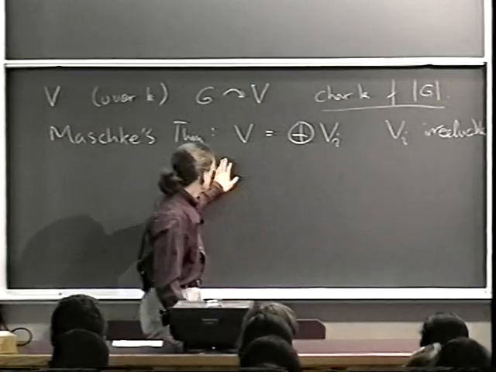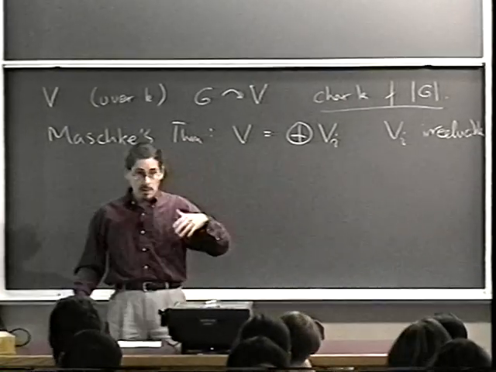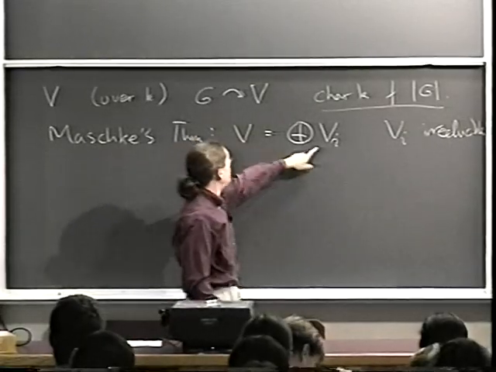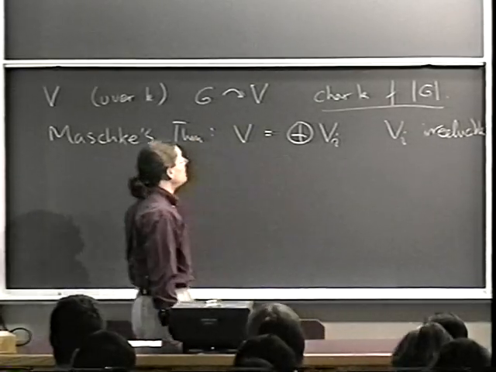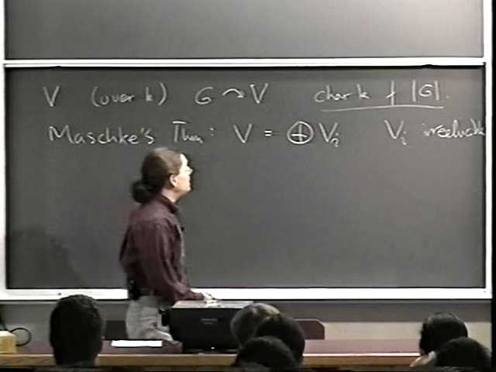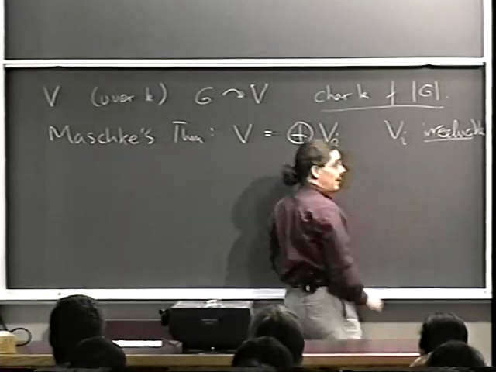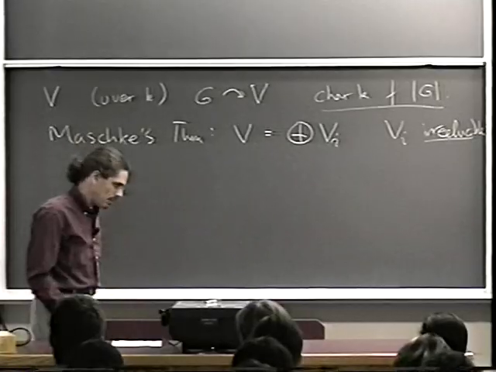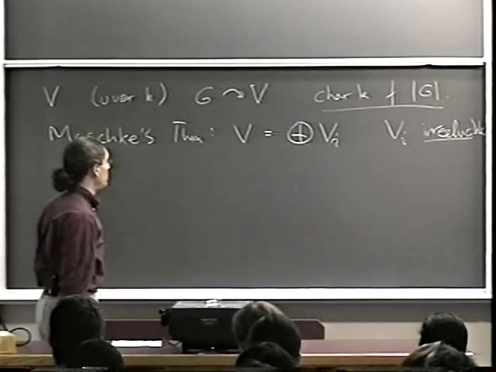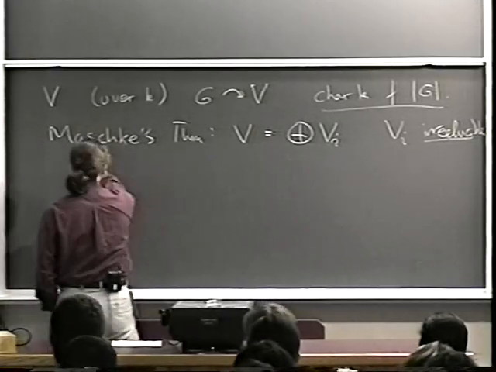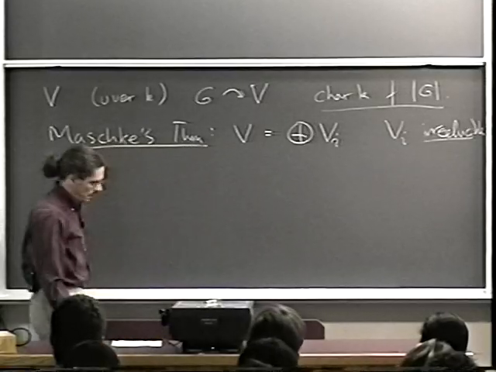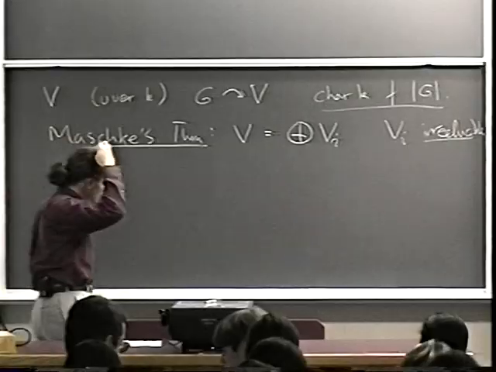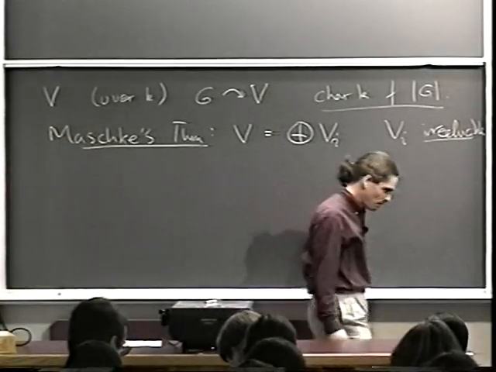Well, first, V is the direct sum of subspaces V_i. The V_i are G-invariant, right? The elements of the group should send elements of V_i back into itself. And irreducible means that they themselves contain no further proper G-invariant subspaces, except, of course, for the whole space or zero. Okay, so this is the fundamental fact about representation theory of finite groups in good characteristics.